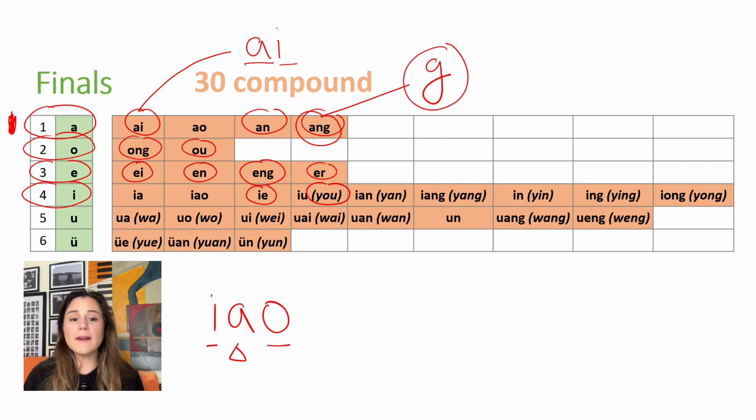So, when you have I-U, we don't say I-U, we say iou. That's why the 6, which is written Liu, it's not Liu, it's Liu.